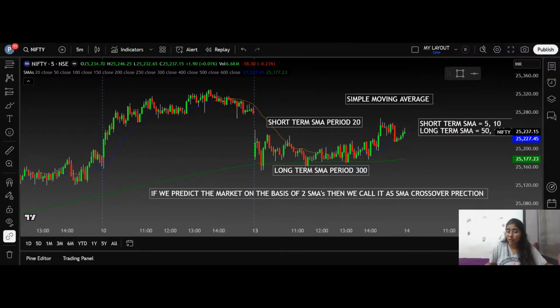So this concept we call SMA crossover prediction.